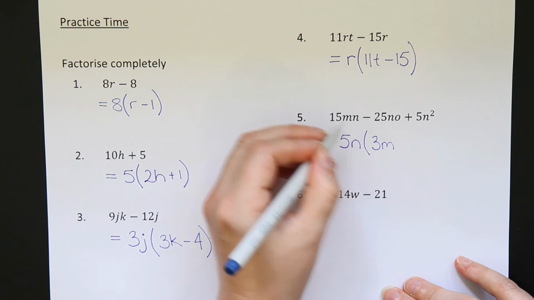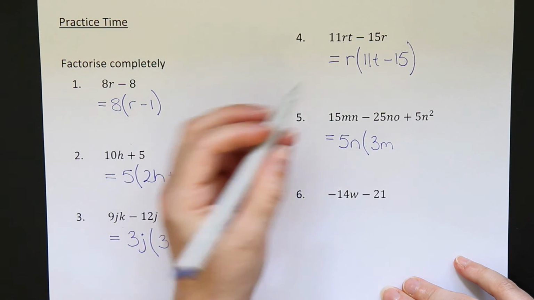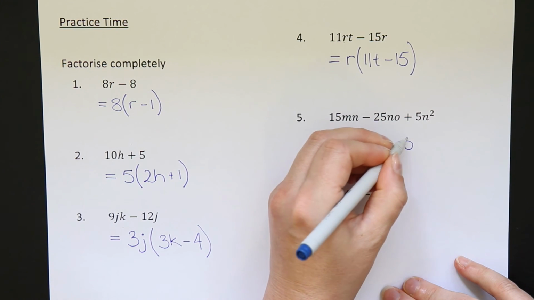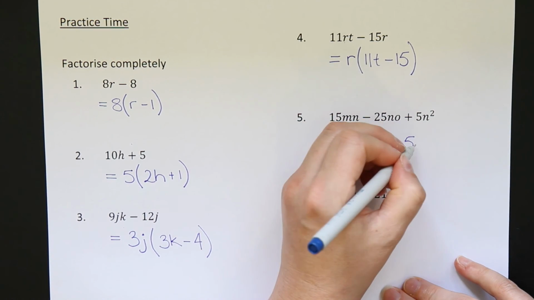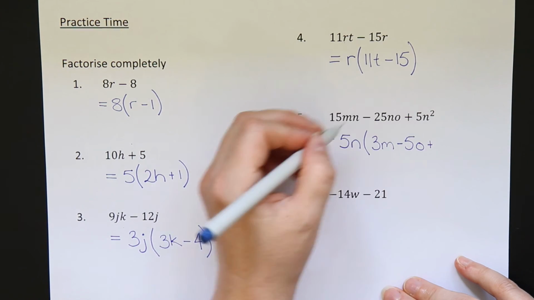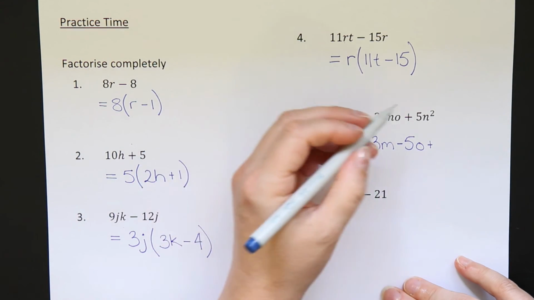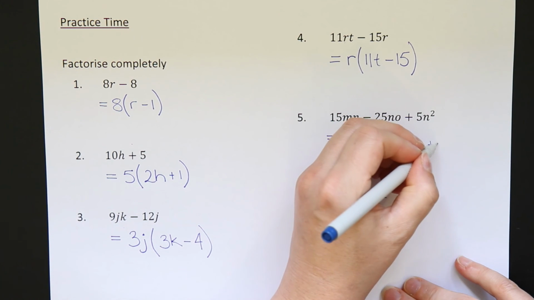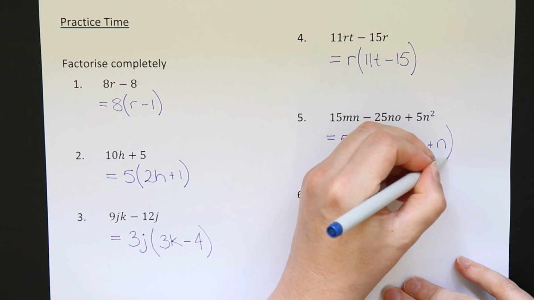M needs to be in the bracket. The n has been taken out. 25 divided by 5 is 5. N is out the front. O in the bracket. And the last term, 5 divided by 5 is 1. And I've had n squared. One of the n's is here. I'll need a second one here in the bracket.